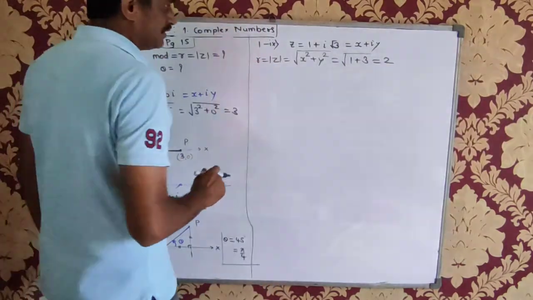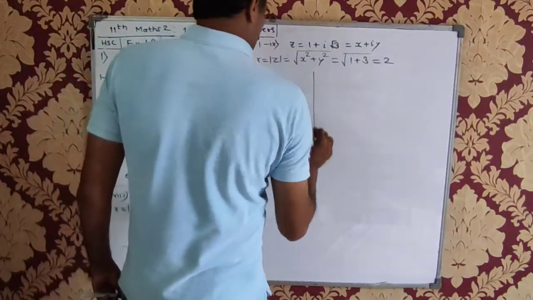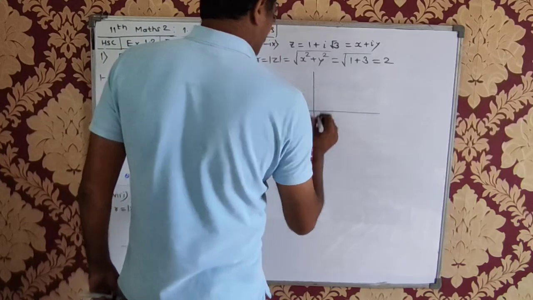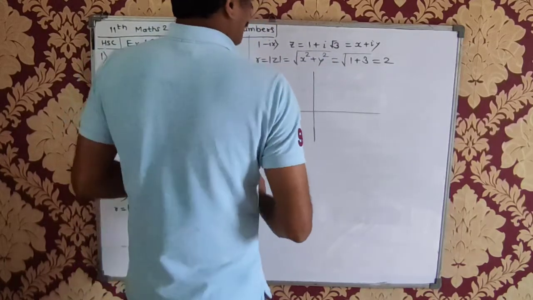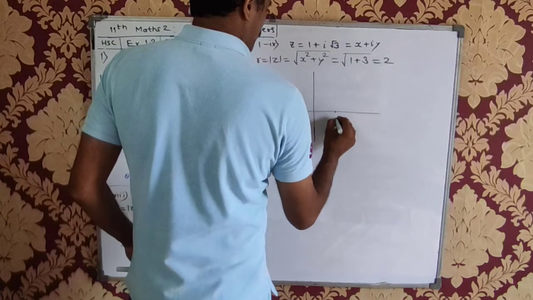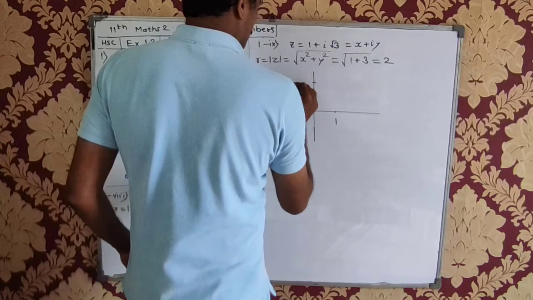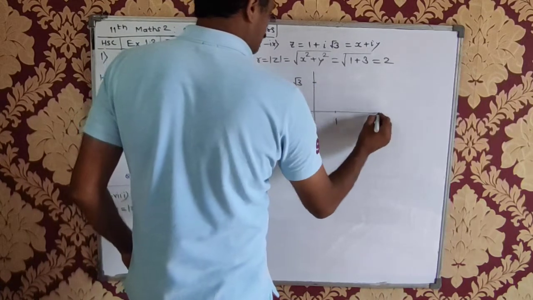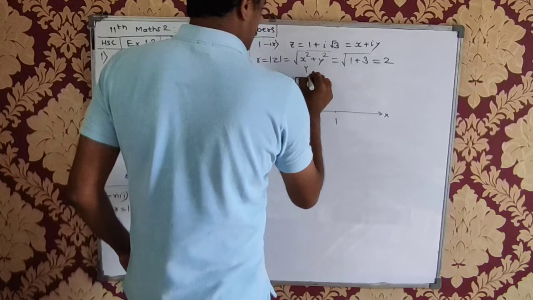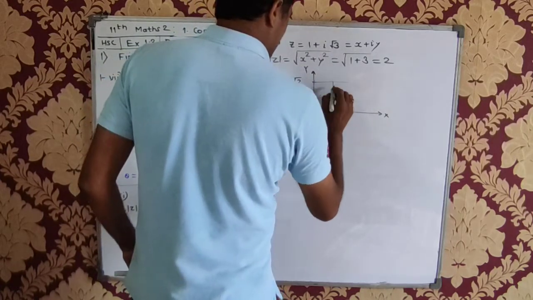Now Argand diagram. It's in the first quadrant. So 1 and root 3. Root 3 is actually 1.732, so a little more than 1. So this is somewhat like this. This is point P.